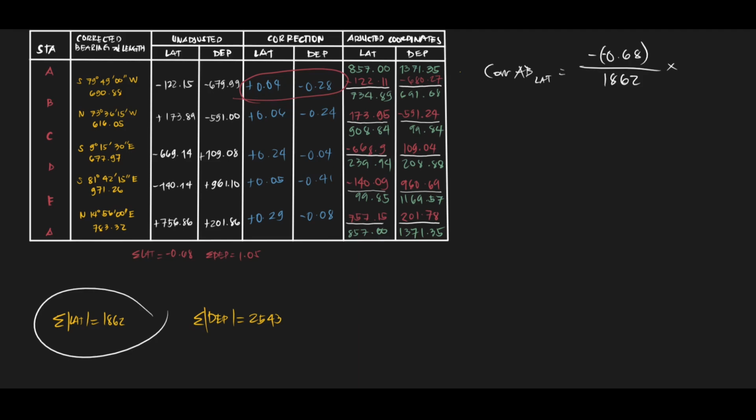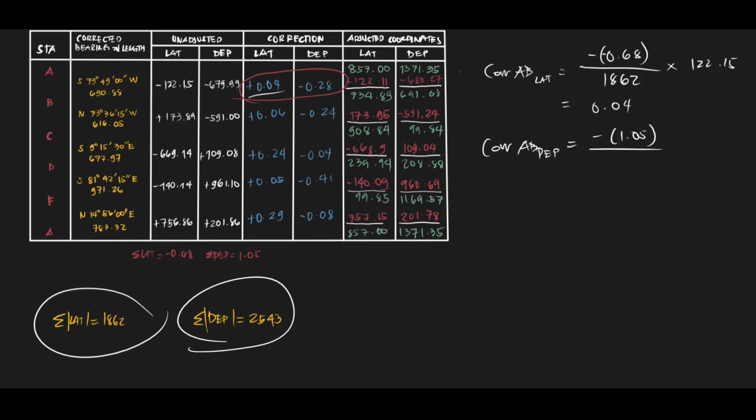So you don't need the sign here. So 122.15. If you calculate that, you will get a value of 0.04. Now, if you want to calculate for the departure, it's the same method: negative 1.05, divided by 2543, and then multiplied by the departure, 679.99. If you perform that operation, you will get negative 0.28.